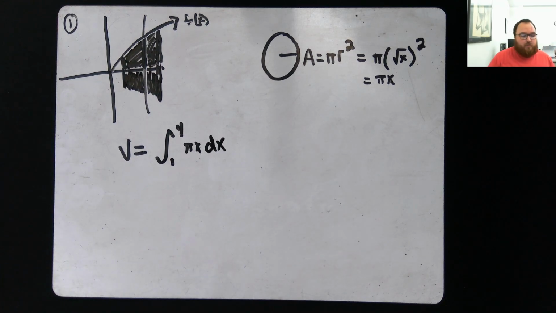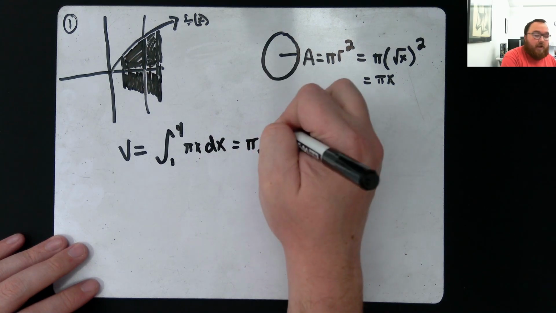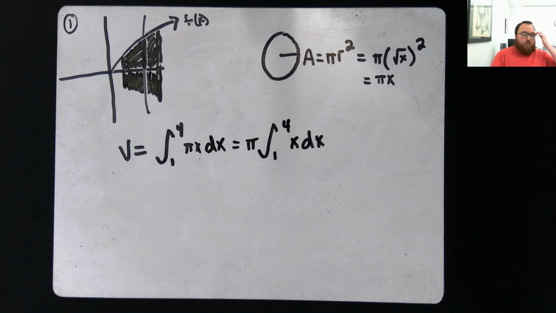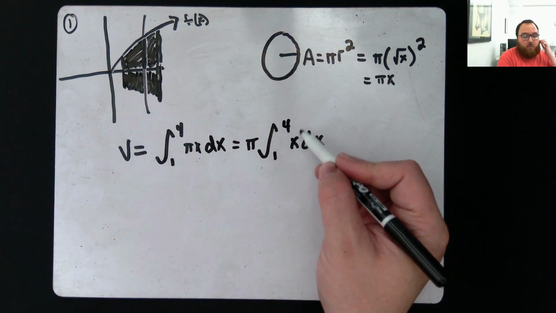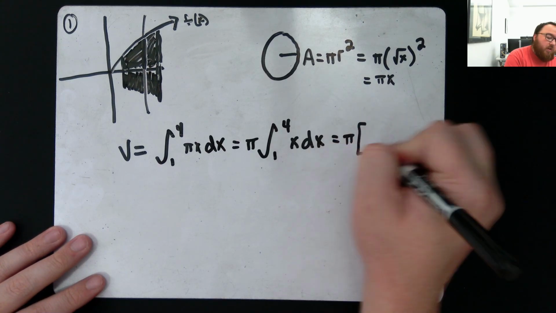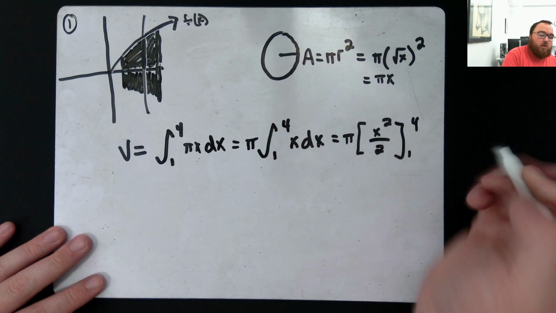So now I can just work this out. Pi is a constant, so I can pull it out front if it makes you feel better about it. I like it out front, personally. Antiderivative of x. Remember, this is like a power of 1. Add 1 would make it 2. Divide by my new power, which is 2, from 1 to 4.